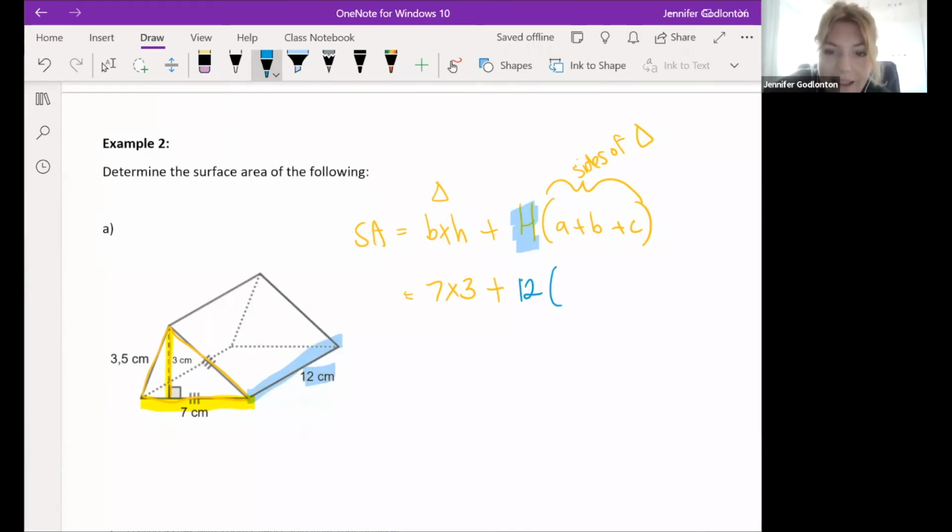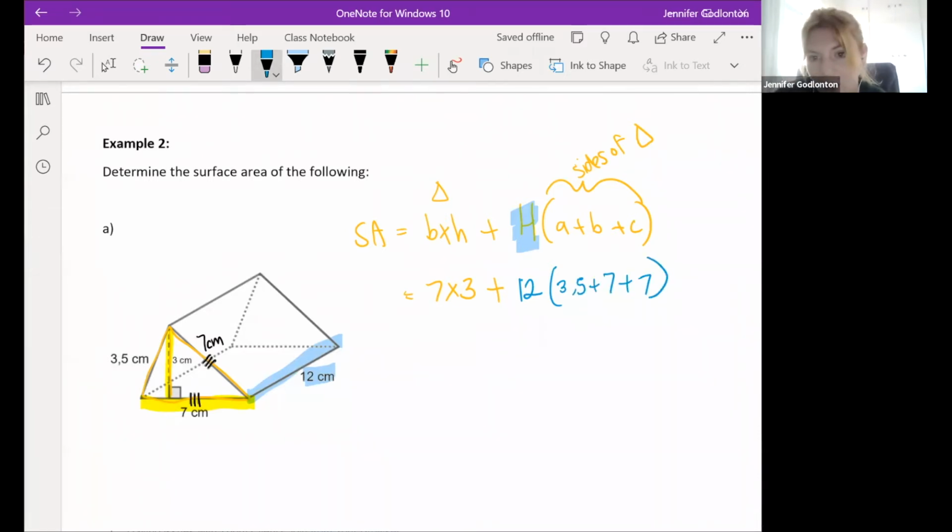And then in brackets, we're going to write our 3 sides of the triangle. The first one we've got is this side over here, which is 7 centimeters. And these 3 lines are telling us that those 2 sides are the same length as each other. So that means that this side is also 7 centimeters. So our 3 sides of the triangle are 3.5 plus 7 plus 7.